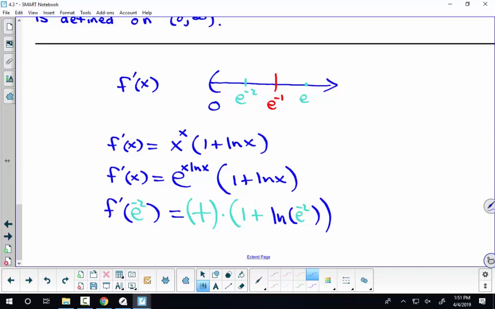So this is negative 2 plus 1, which is negative. So you've got a positive times a negative, which is a negative. So its first derivative is negative there.